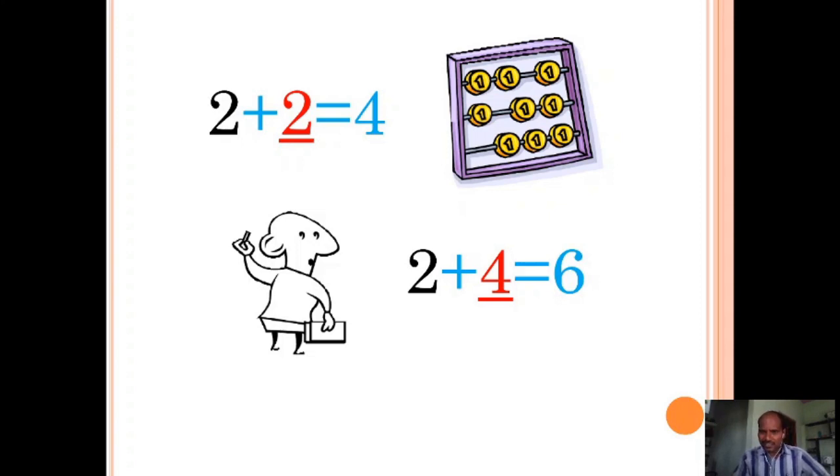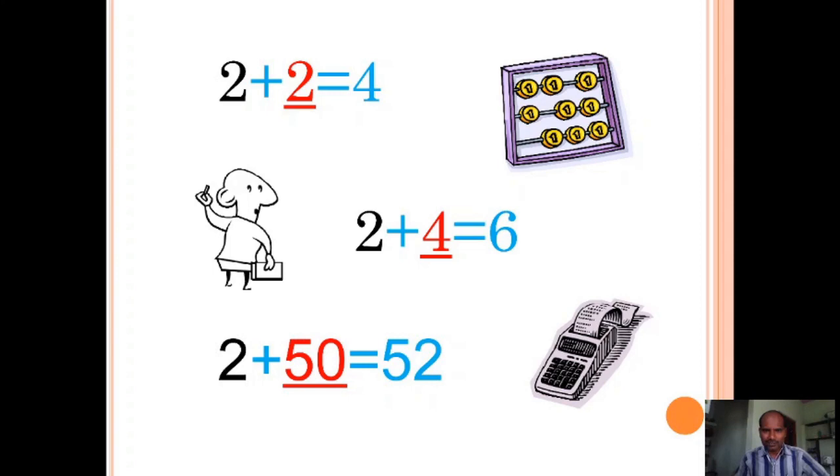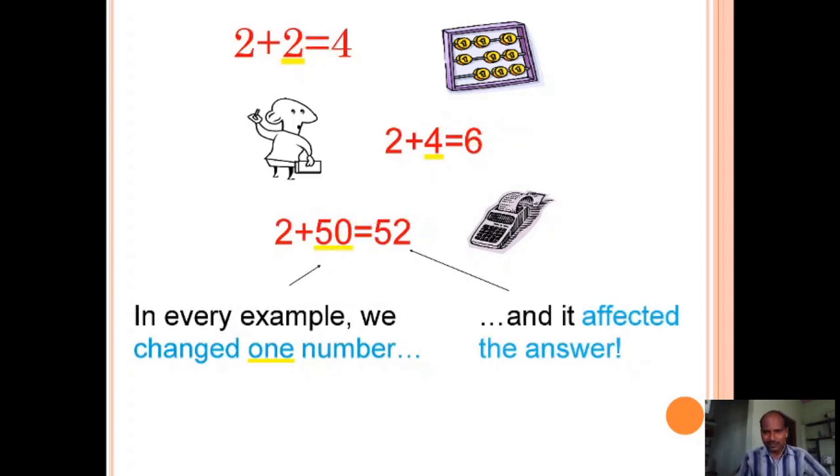The variable which is changing and which is influencing the result is the independent variable. Let's see another one: 2 plus 50 equals 52. The 50 is the independent variable, and 52 is the dependent variable. In every example, we can observe that one number is changing. The numbers are 2, 4, 50, and they are influencing the result.